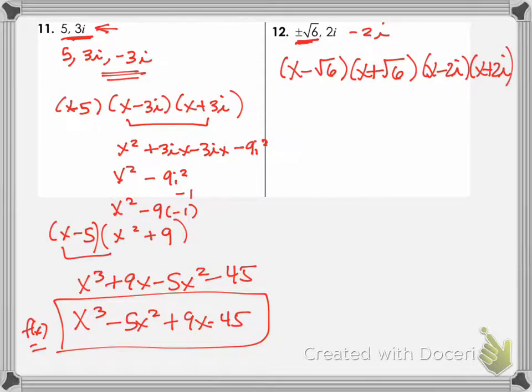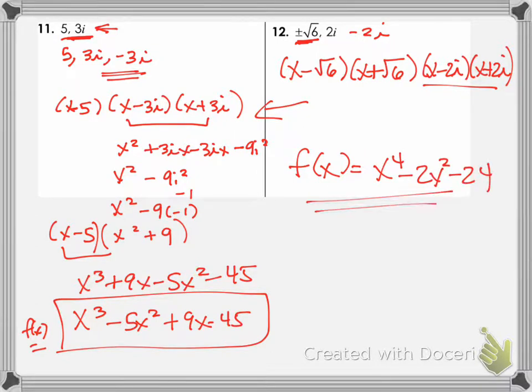Okay, I don't want to work that one out because it's pretty similar. This would come out like that, where the i terms would fall away. I'll give you the answer, though, if you want to try to do it. So the answer to this would be f of x is equal to x to the 4th minus 2x squared minus 24. So see if you can get that.